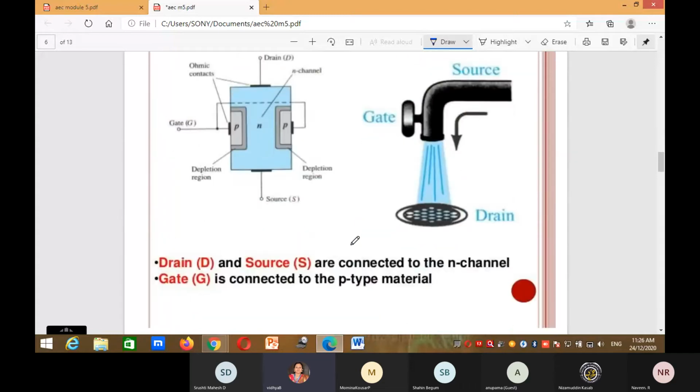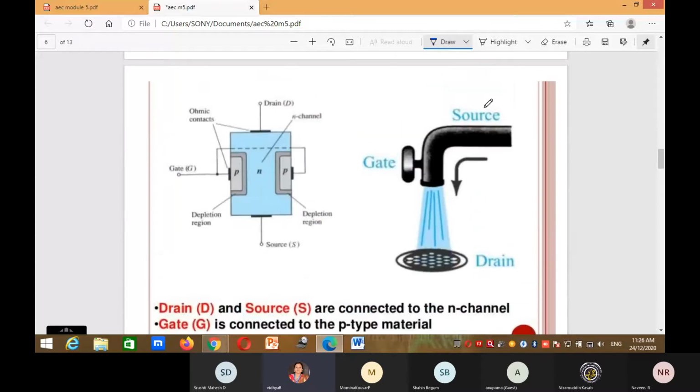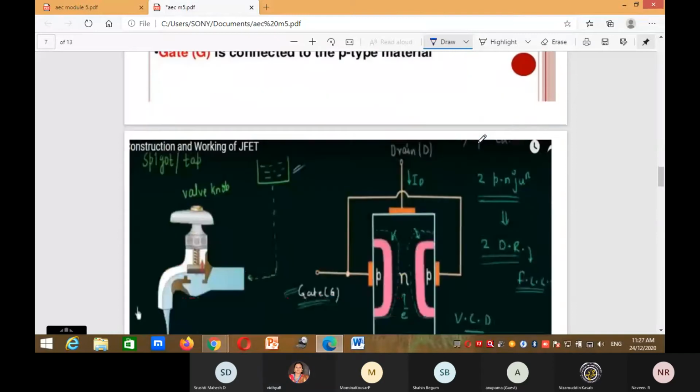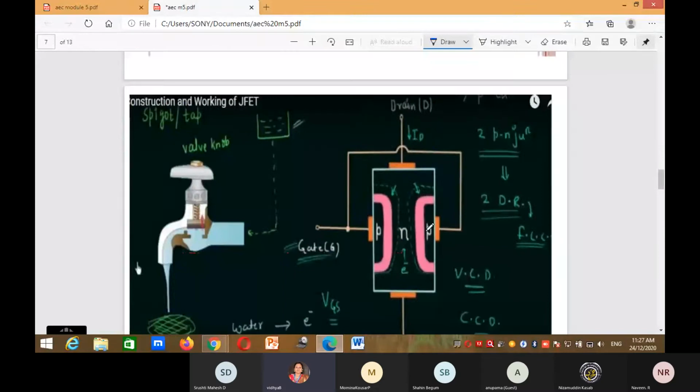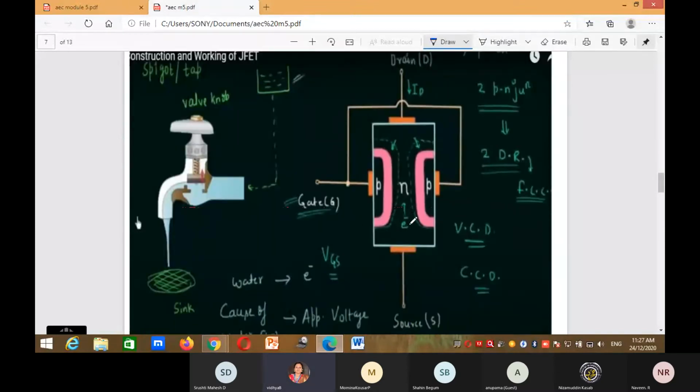Next we shall go for the working. This will be the interesting working part. You can observe here source, gate, drain. What do you mean by source? When you compare with the figure of FET, what is source? Think of a tap, where the tank is the source. We shall take this example of the N type channel, an N type FET.